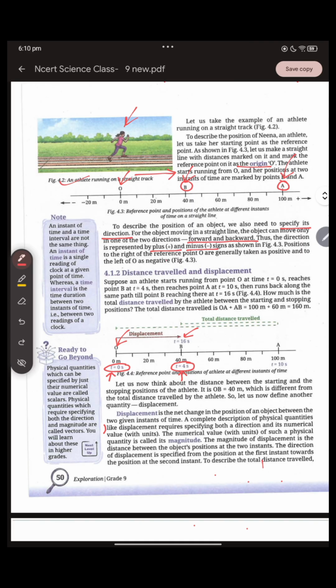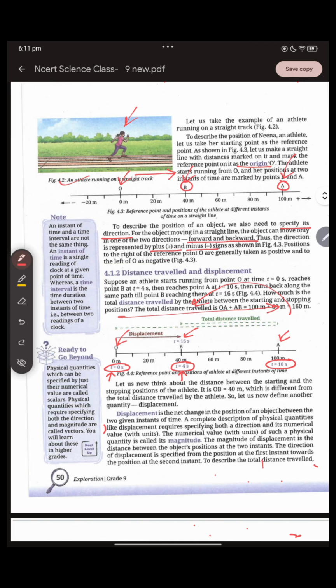She reaches point A at t equal to 10 seconds, then runs back along the same path till point B. That means it is moving from O to A and runs back from A till point B, reaching there at 16 seconds. Right?